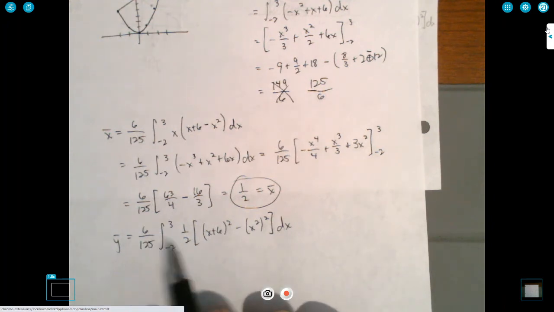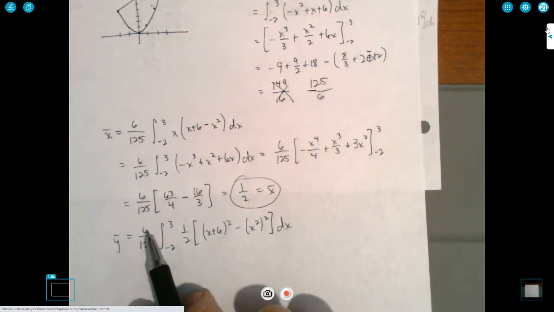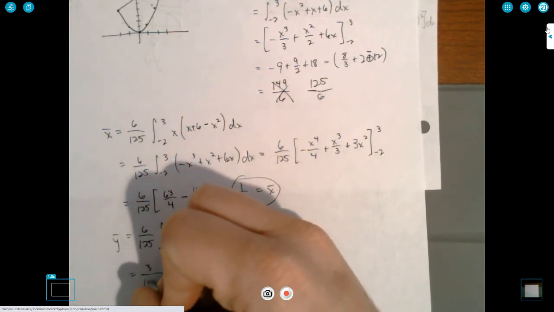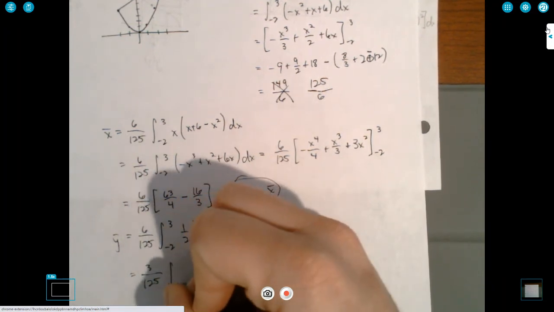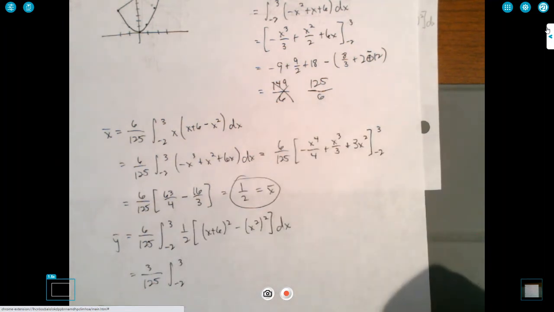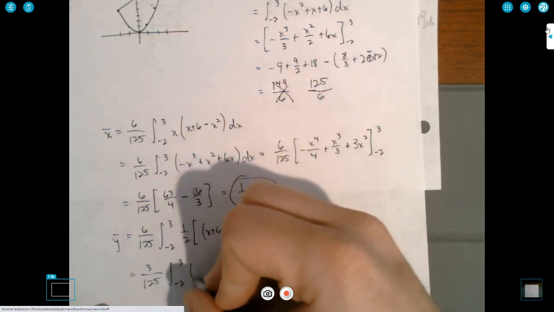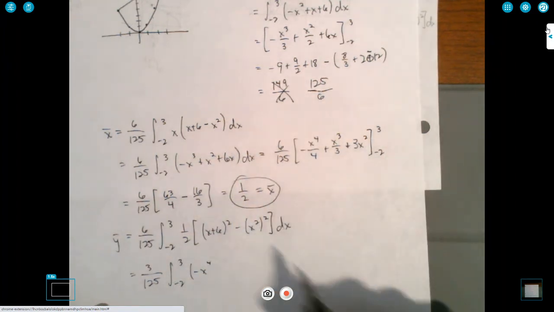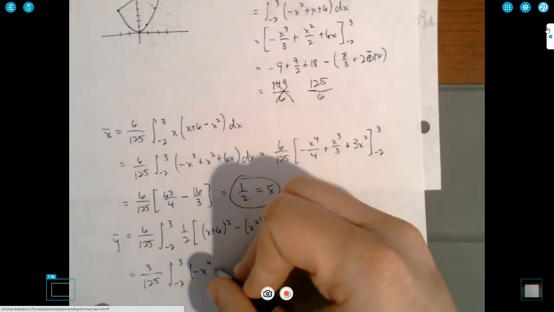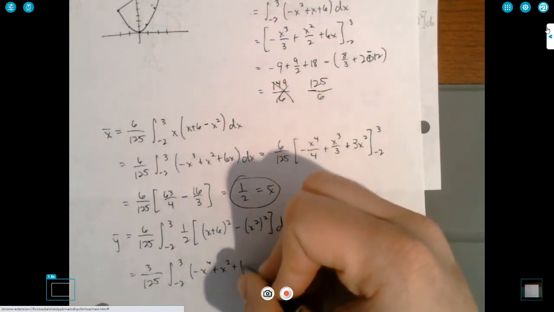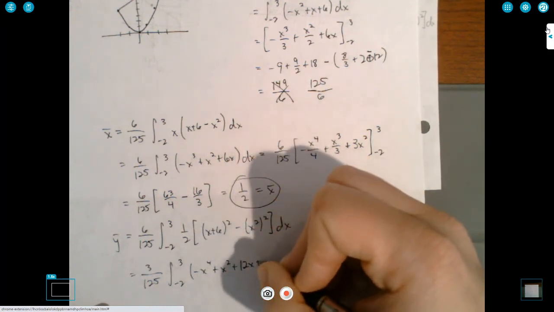First of all, the 1/2 will cancel, the 2 here will cancel 2 there and leave a 3. So this is going to be 3 over 125 times the integral from negative 2 to 3 of negative x to the 4th. Then here I'm going to have an x squared, 6x and a 6x will make a 12x, and then a 36.